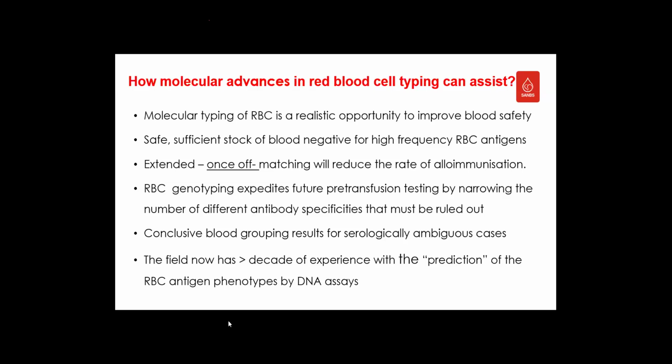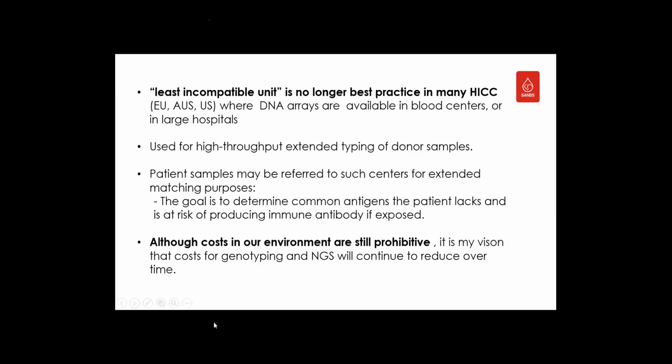Next slide. We have quite an acronym in South Africa at the moment still, where we mainly use serological methods. If we don't find compatible blood, we issue the best, least incompatible blood. And hopefully one day we will be in a similar situation to many high-income countries where this is no longer considered best practice.